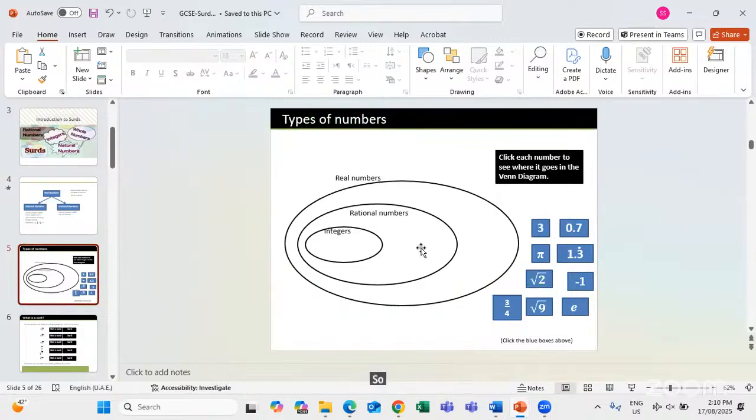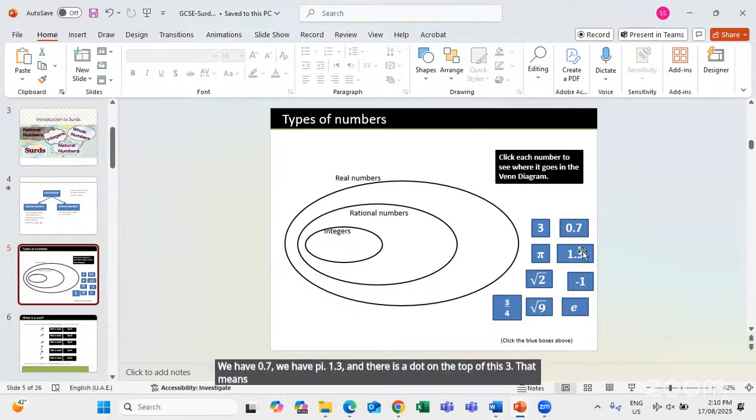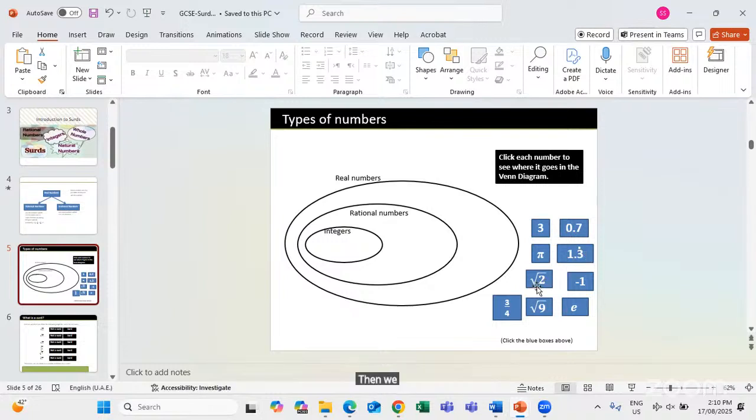So here we have different numbers: we have 3, we have 0.7, we have pi, 1.3, and there is a dot on the top of this 3. That means this 3 is repeating. Then we have square root 2, minus 1, 3 quarters, square root 9, and e.